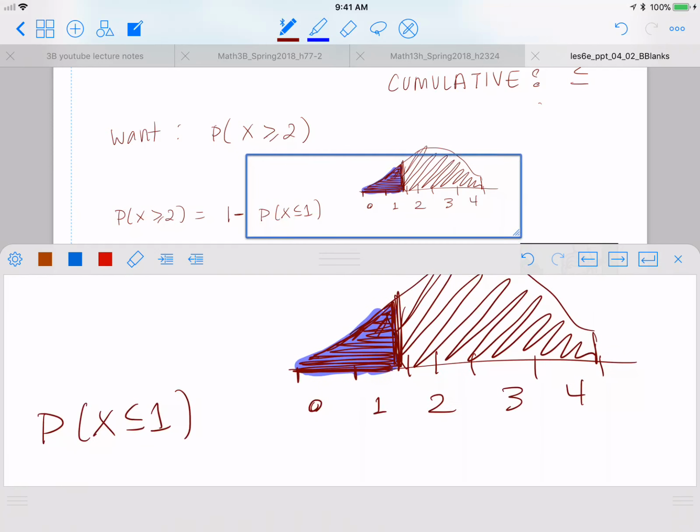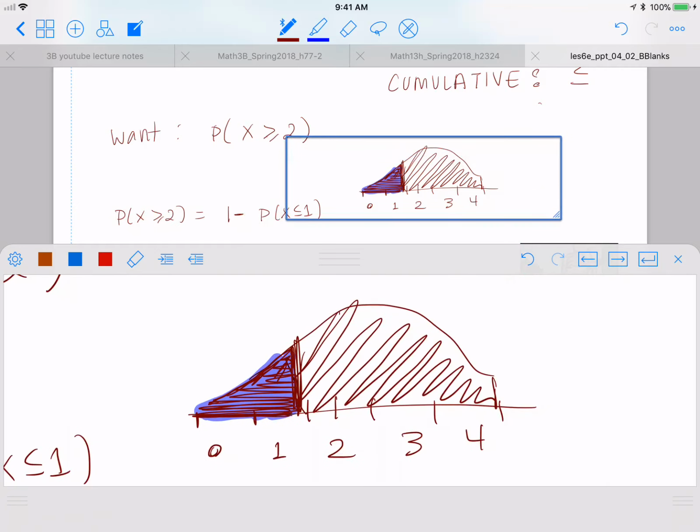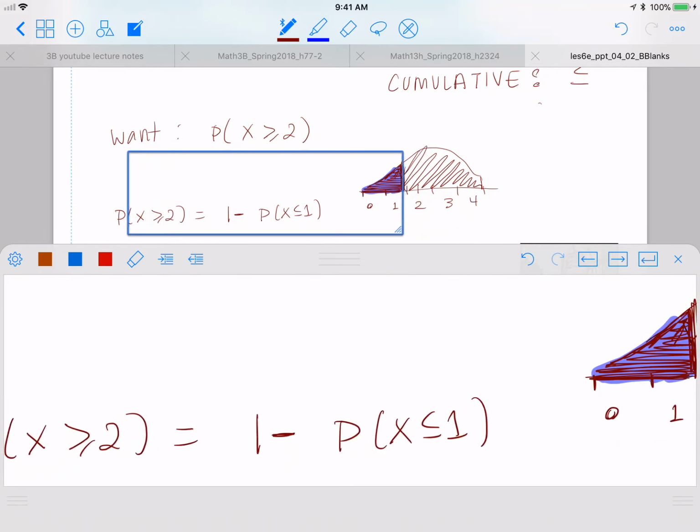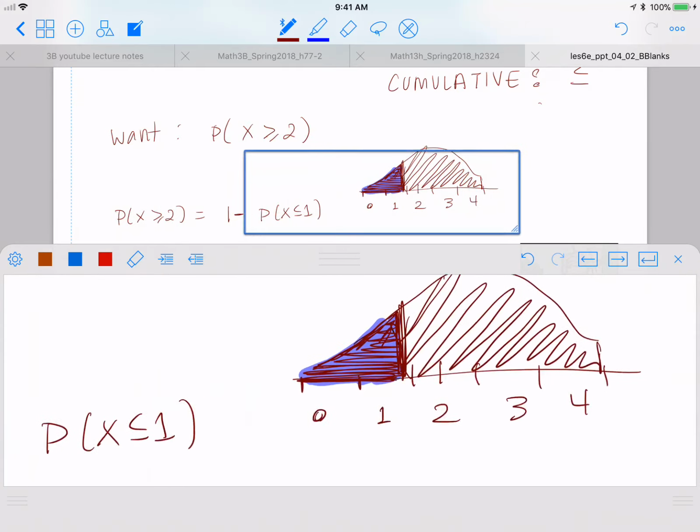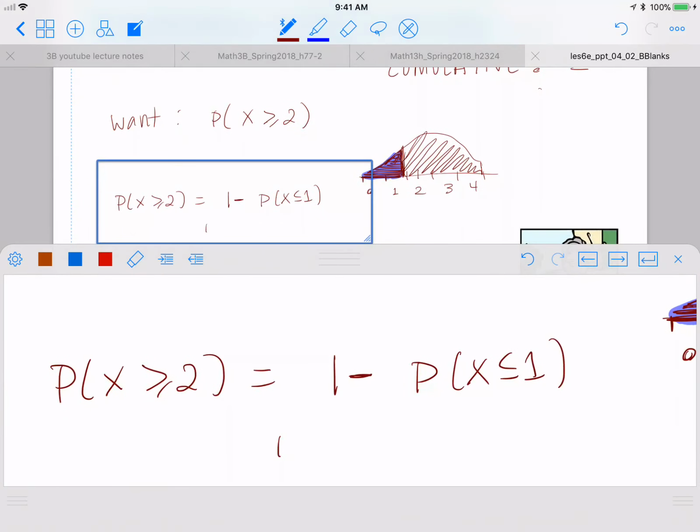And we know that when we add up all of the probabilities, it has to equal 1, right? So if we want the probability that X is greater than or equal to 2, we rewrite it like this, and then we can use binomial CDF. Our N is 4, P is 0.41, and now we put in 1. And this is how we get the correct answer.